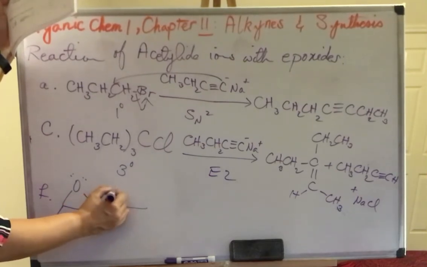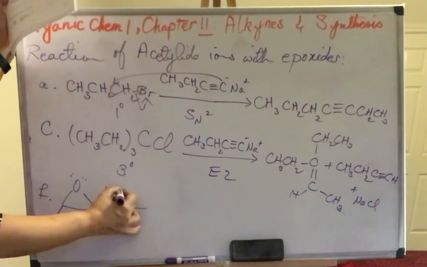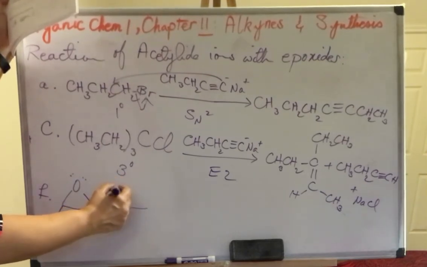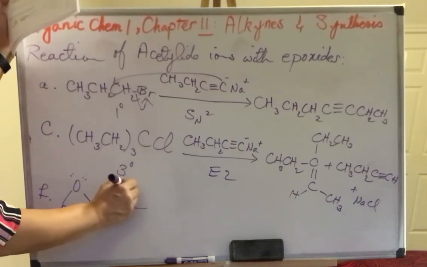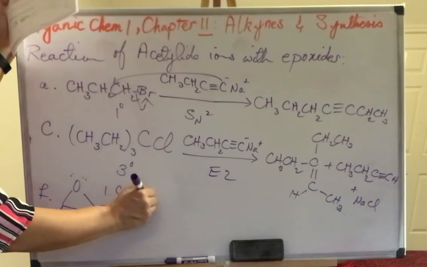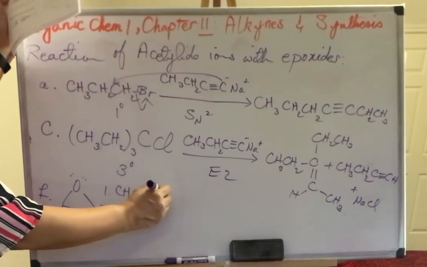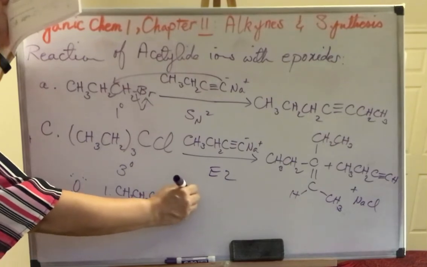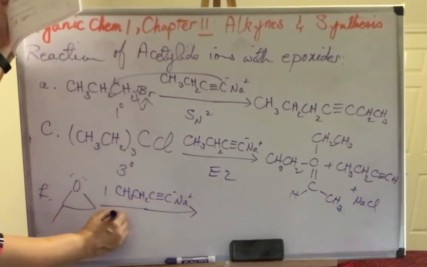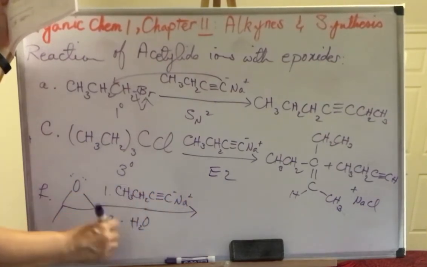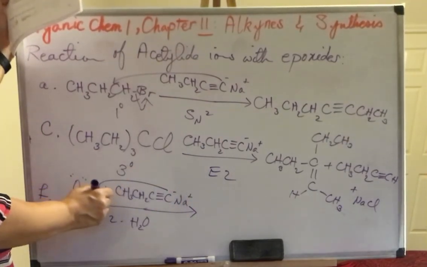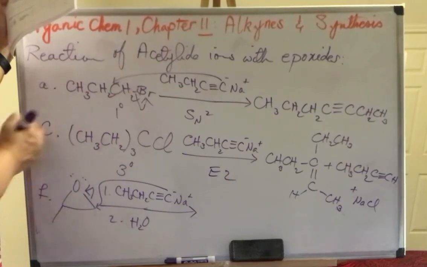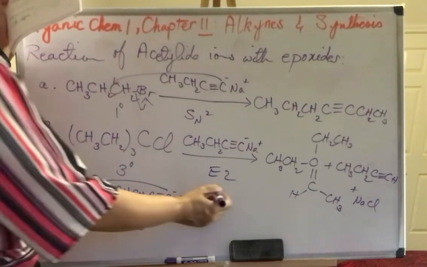So if we work on it, what we have is CH3, CH2, C, Na. And then we finish it with water. So we will end up having, this carbon is going to attack this carbon, which is less crowded. Oxygen will be on the same side as the methyl.